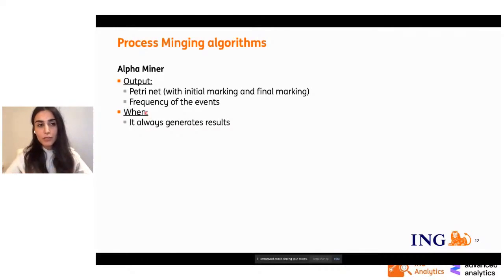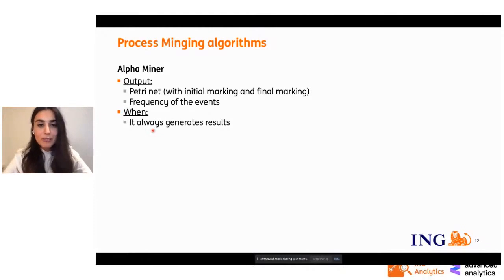But as an output, alpha miner produces a Petri net with initial and final marking. So it says that this set of actions started with this process or activity and ends with that specific activity, along with the frequency of the events, which specifically mentions, for example, 50% or this number out of the total cases followed this specific path. When we use alpha miner, it always generates results.